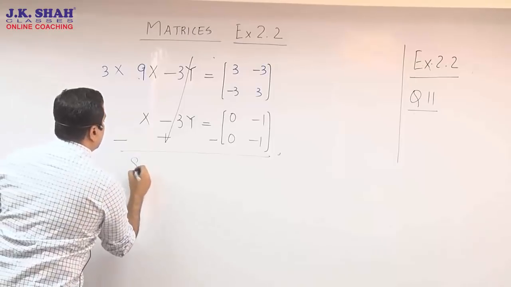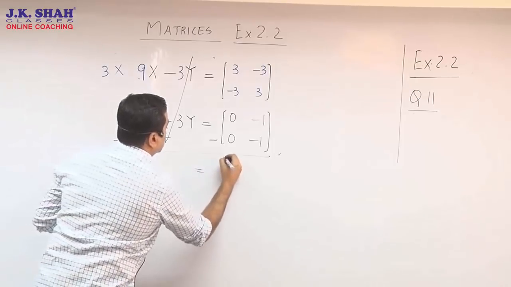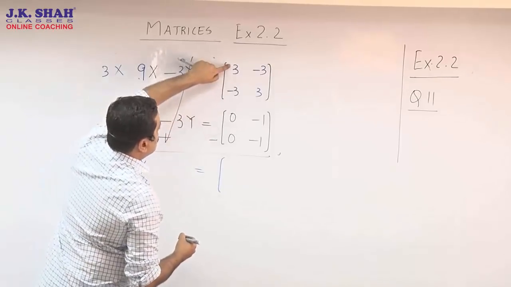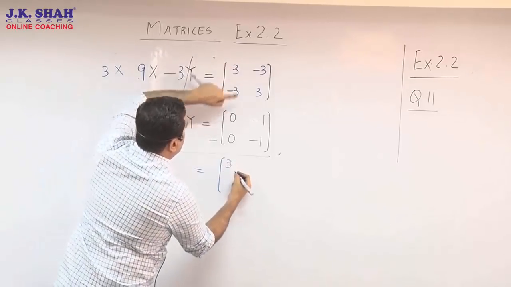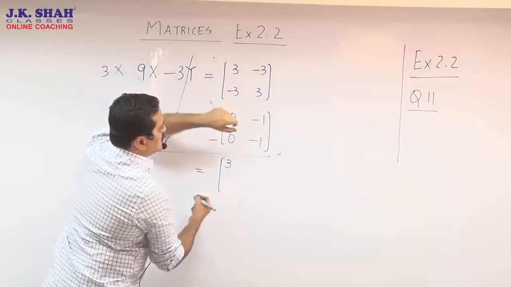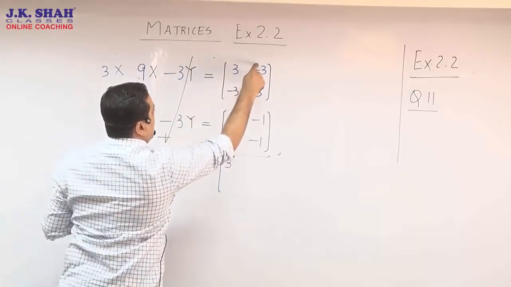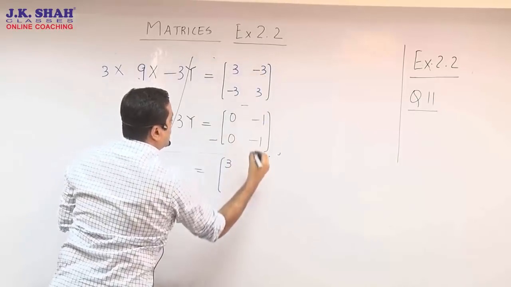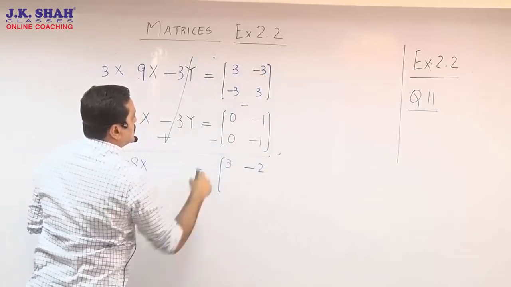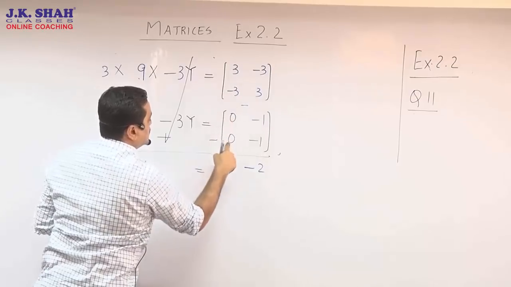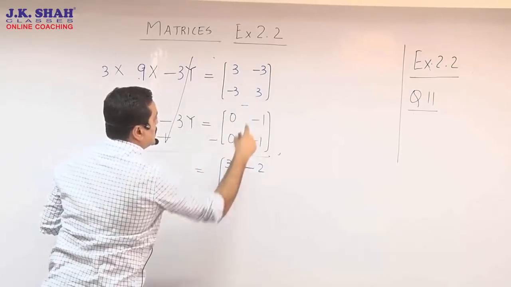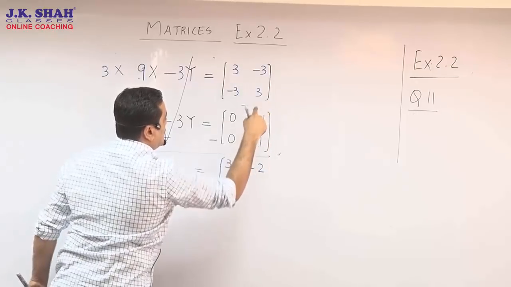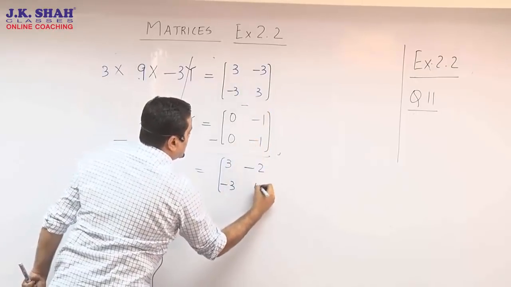It will be 8x equal to, we need to perform subtraction between these two matrices. So 3 minus 0, minus 3 plus 1, keep a check. It's going to be minus 3 plus 1, you are performing subtraction. Minus 3 plus 1, minus 2. It's going to be minus 3 minus 0, 3 plus 1. Remember you are subtracting, it's going to be 3 minus of minus 1, 3 plus 1, 4.